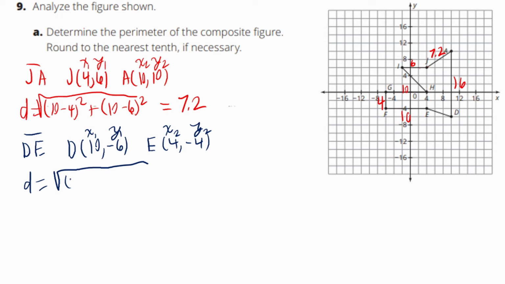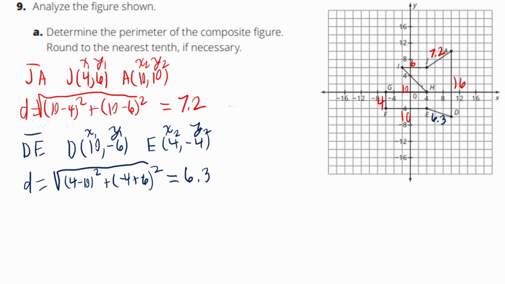We go 4 minus 10 squared plus negative 4 plus 6, because a negative minus is going to cancel, right? And now we just plug this into our calculator. Square root of 4 minus 10 squared plus negative 4 plus 6 squared equals, this is going to give us about 6.3. So this is going to be 6.3.